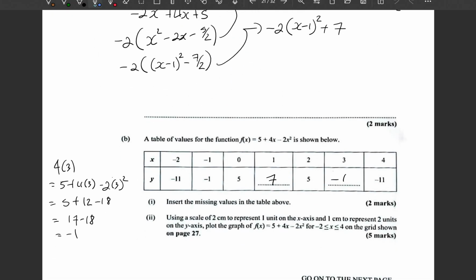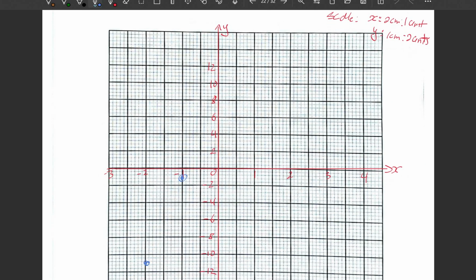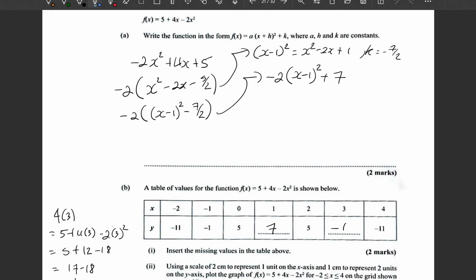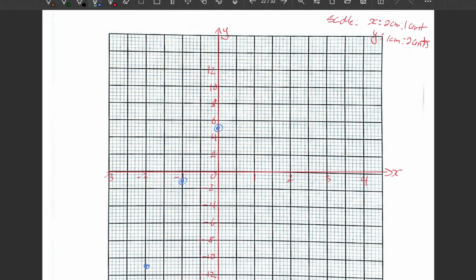We have 0 on the x, 5 on the y. Then we have 1 on the x, 7 on the y.